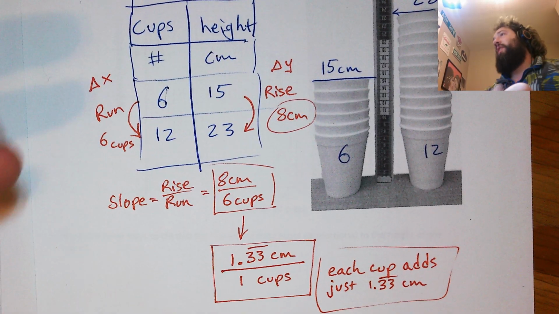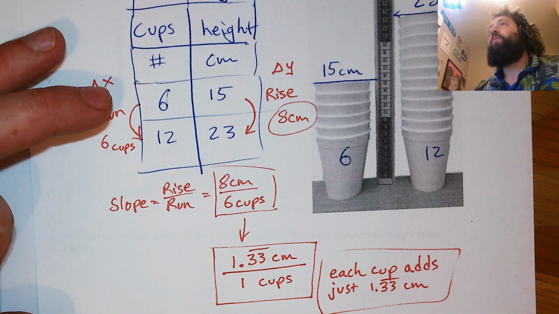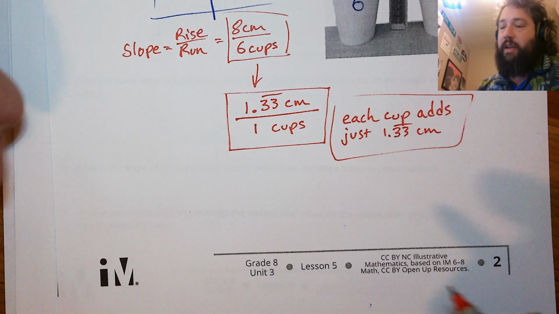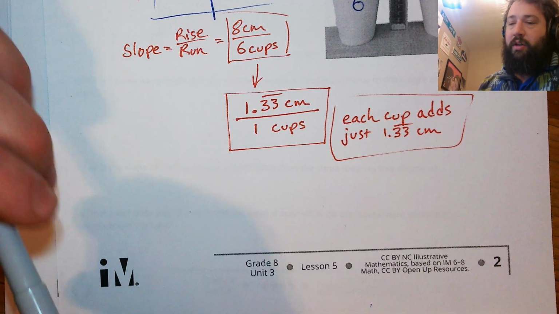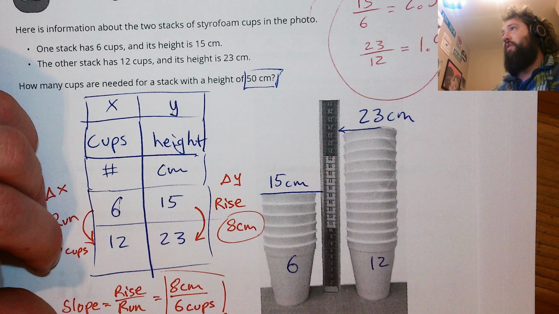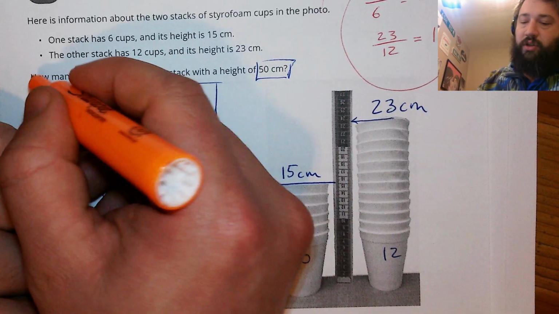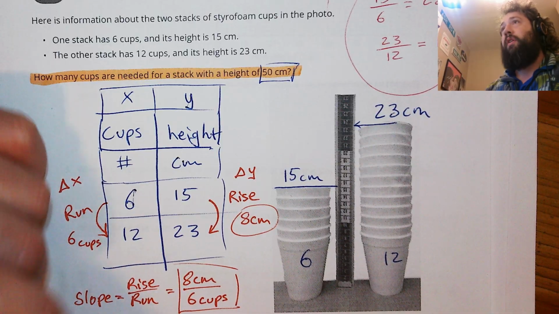So basically, if I wanted to see how many cups I would get for 50 centimeters, we could just keep going. There are different tricks that we could do, but I want to save our answer here. This question, we're actually going to save until after we're done with our graph on the other side.